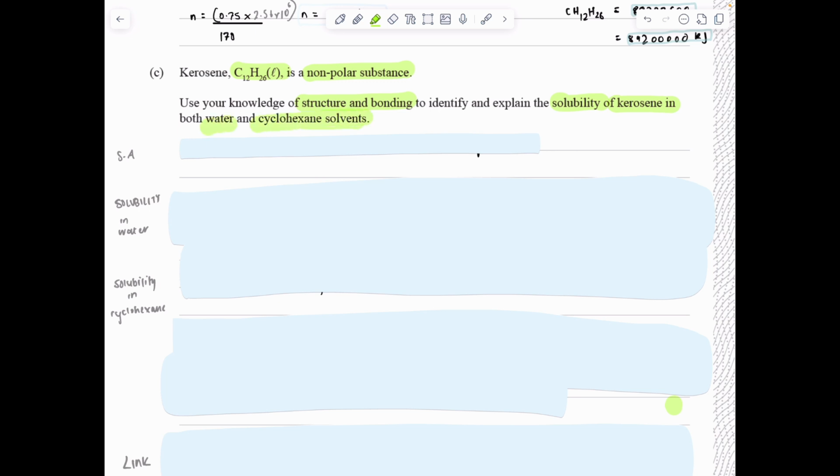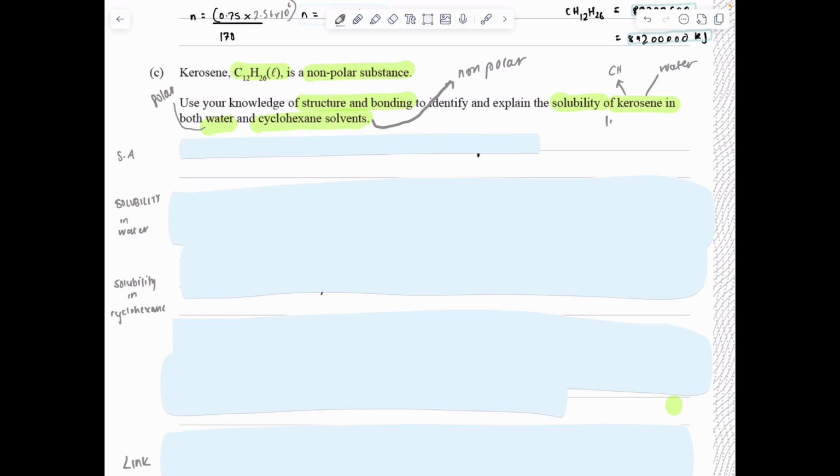So what do we know so far? Well, you should know that water is a polar solvent. Cyclohexane is an organic molecule. It is non-polar. What is the solubility of kerosene in cyclohexane and water?